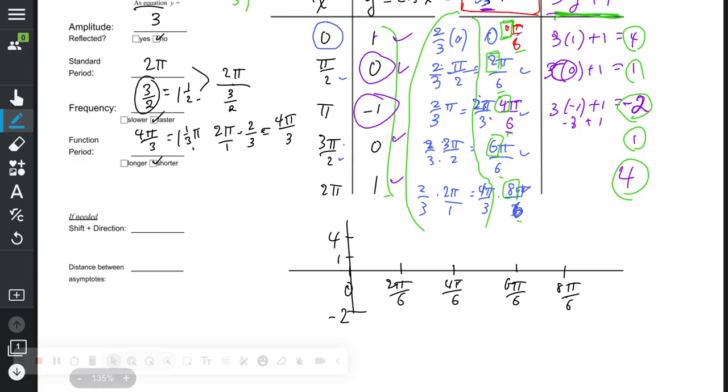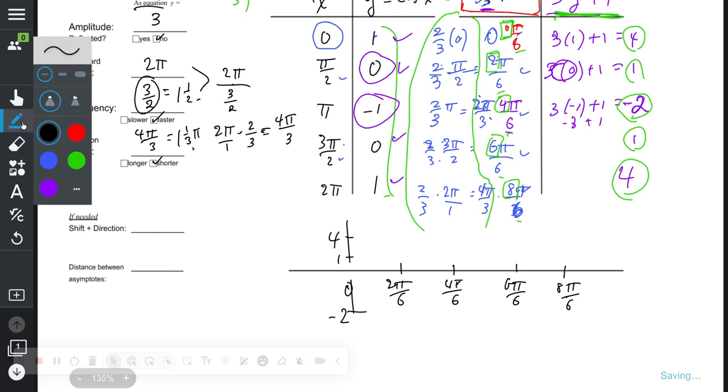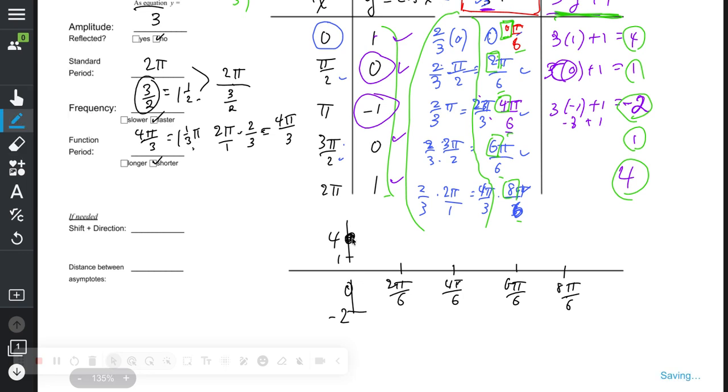So the first point was 0, comma 4. Our second point was 2 pi over 6, comma 1. So right here. Our third was 4 pi over 6, comma negative 2.